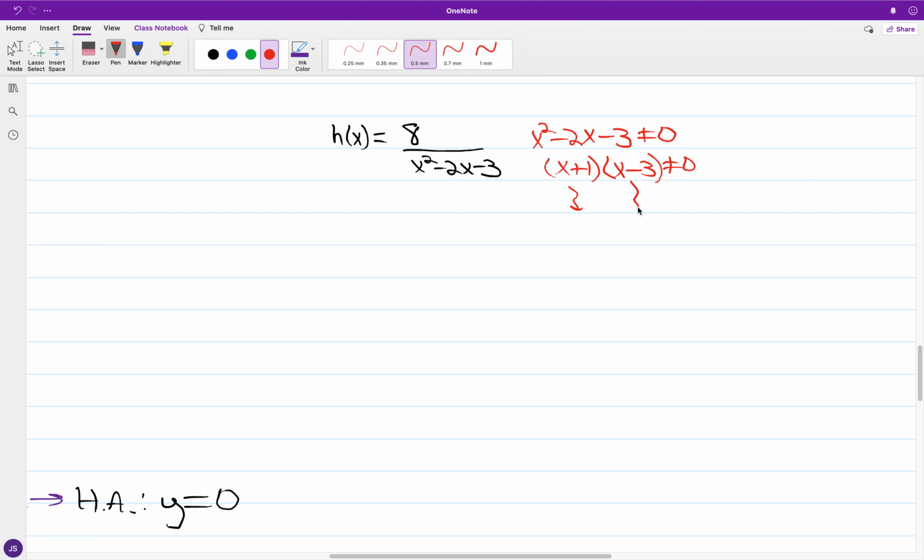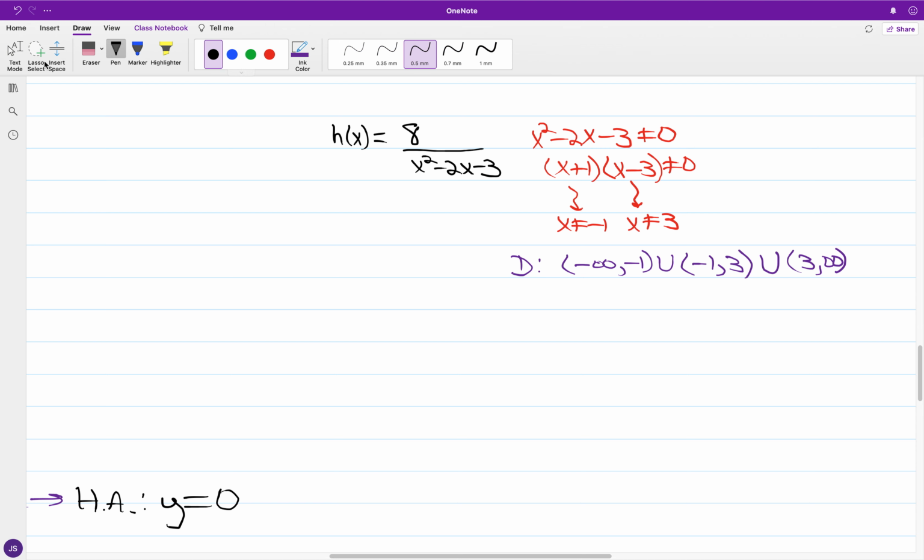And if neither factor can be 0, okay, so you have x cannot be negative 1. And for x minus 3, you have x cannot be 3. And for the domain, you have those values x less than negative 1, along with those values x greater than negative 1 and less than 3. You have those values x greater than 3.